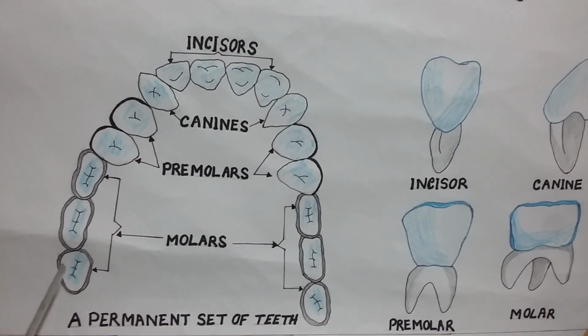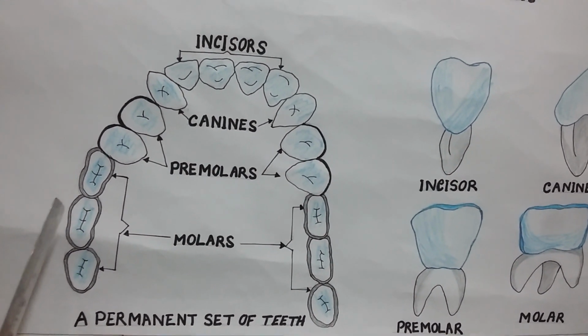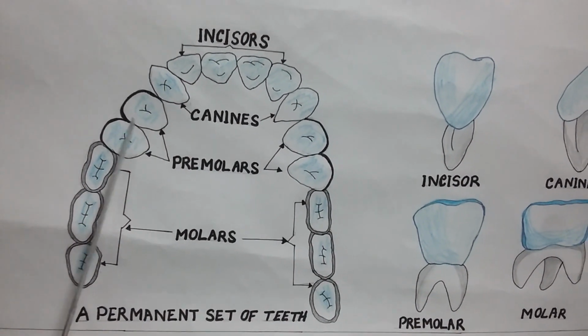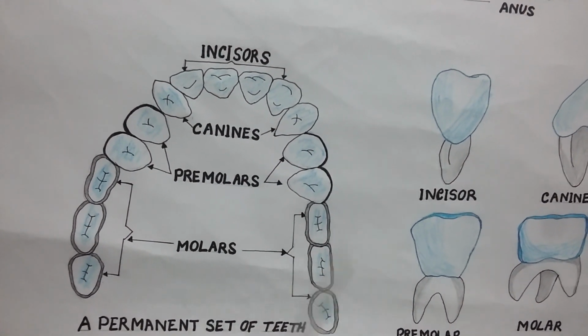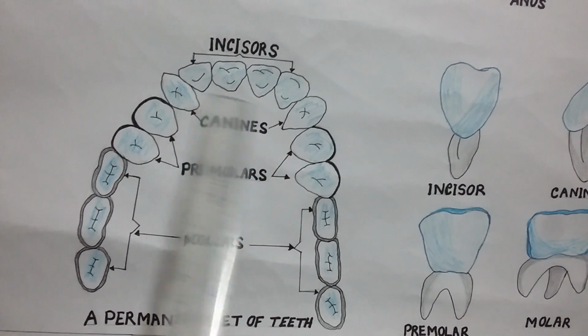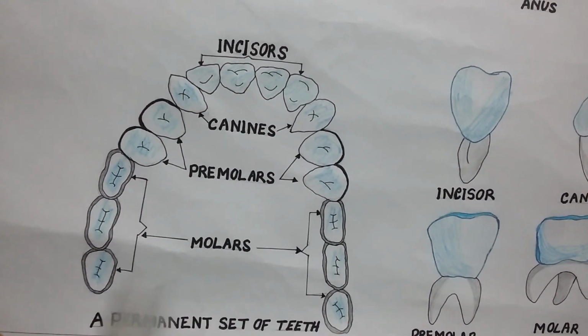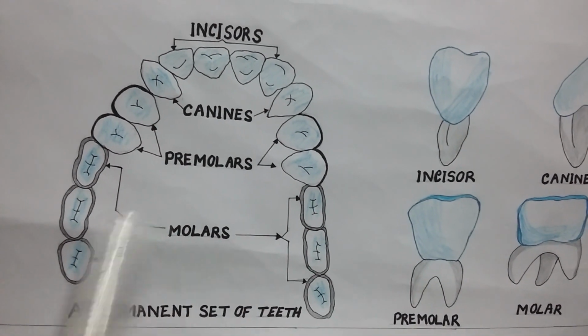These are 32 in number, 16 in the upper jaw and 16 in the lower jaw. Now here you see 1, 2, 3, up to 16. That means in each jaw, 4 incisors, 2 canines, 4 premolars and 6 molars. I think it is clear to you all.